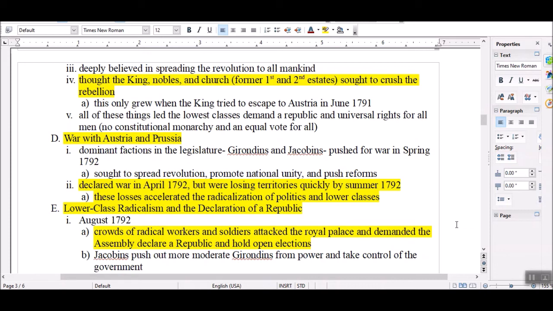Especially since the first and second estates and the king pretty much lost a significant amount of their power, and the third estate gained all of that power. So at least the upper ones did. So they're not thrilled with that idea either. This is going to be reinforced when the king attempts to escape France. He is able to sneak out of the palace where he and his family had been held captive.